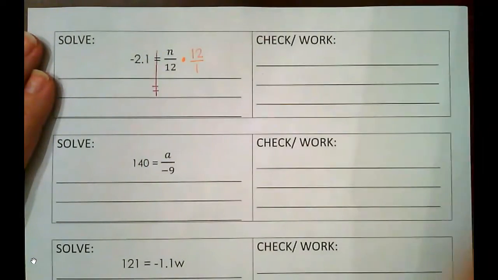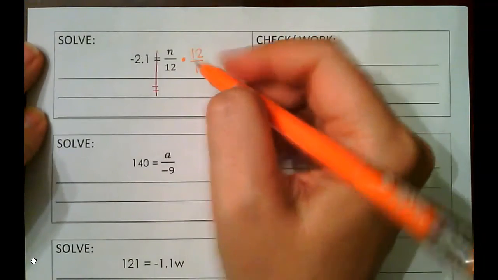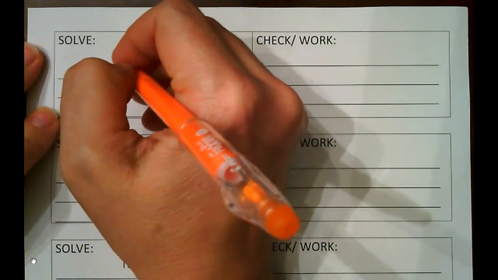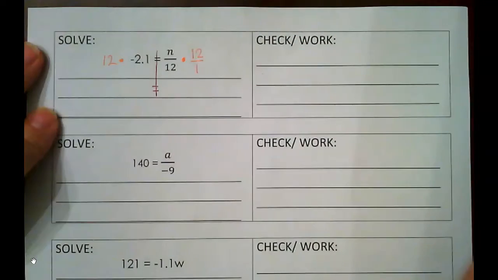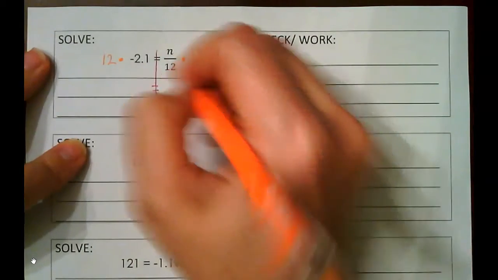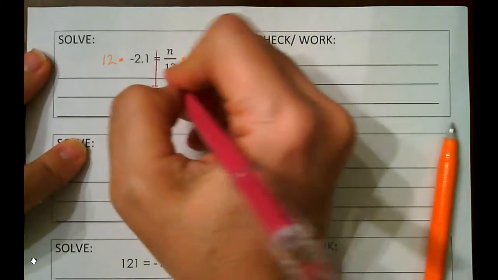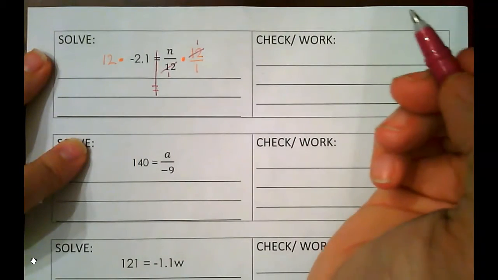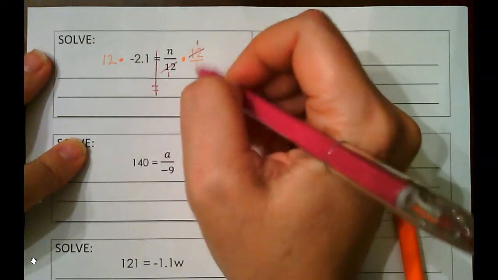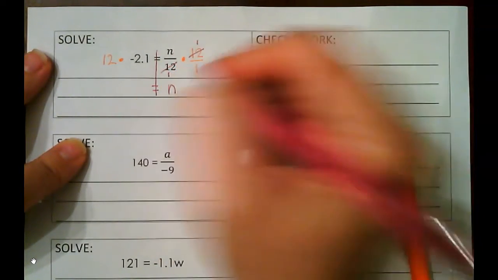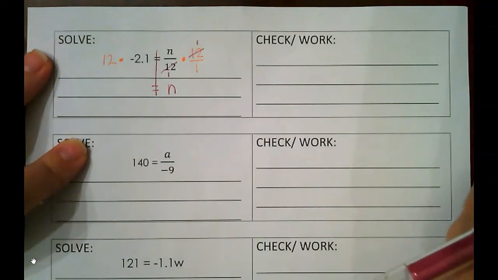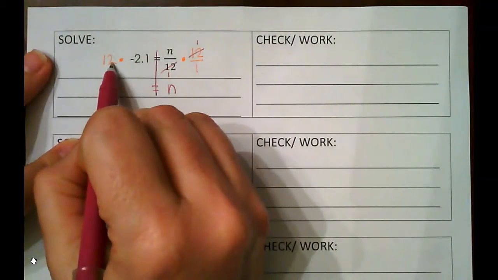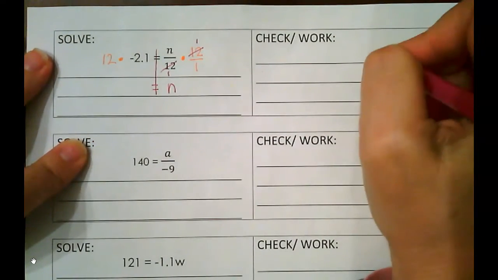And we need a fraction. If I multiply the right by 12, I'm going to multiply the left times 12. Here we go. 12 goes into 12 once, 12 goes into 12 once, and now we have n times 1, which is n. Variable is isolated. Now we have to do 12 times a negative 2.1.